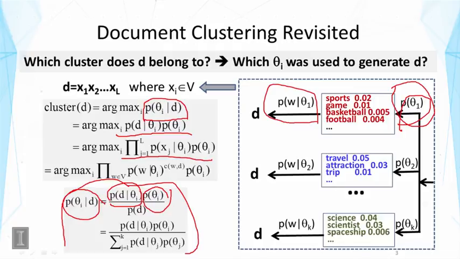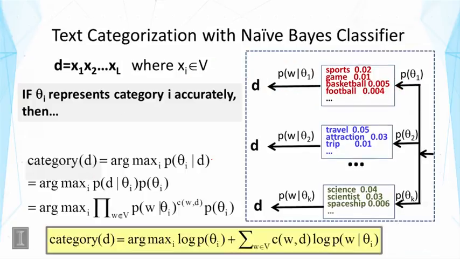Okay, so this is just something that you have seen in document clustering. And we now can see clearly how we can assign a document to a category based on the information about the word distributions for these categories and the prior on these categories. So this idea can be directly adapted to do categorization.